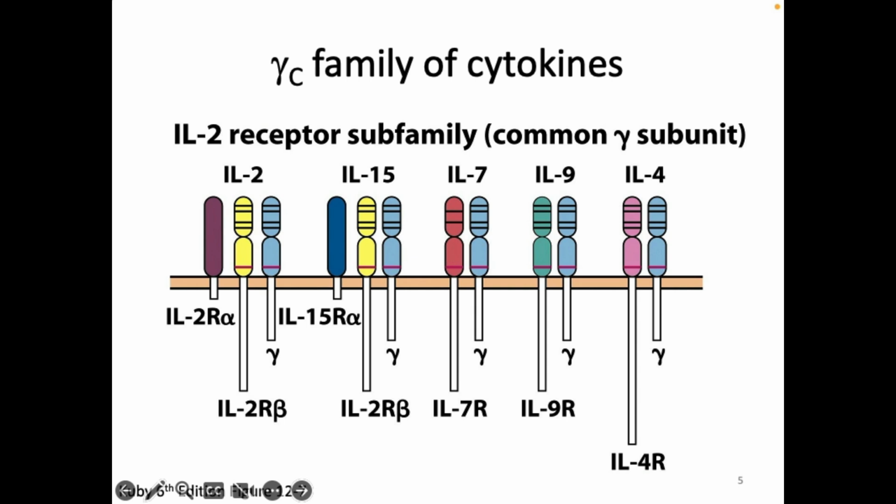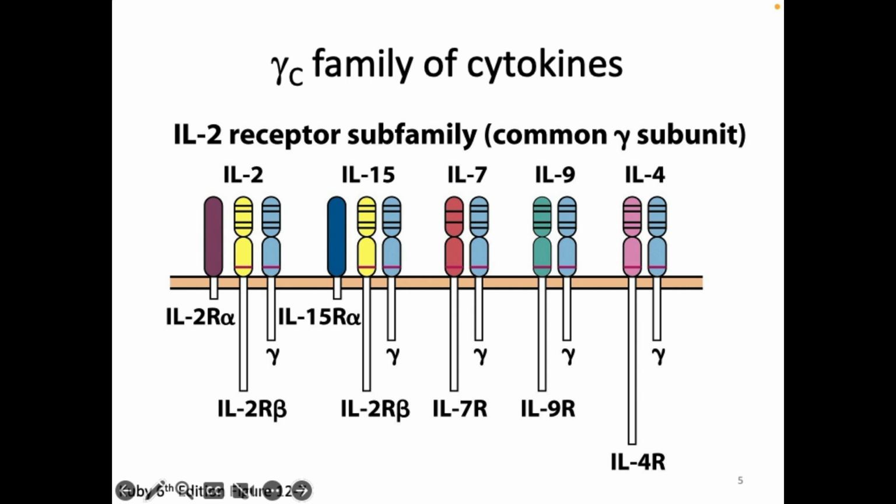All of the cytokines that are shown here are known as cytokines that are part of the common gamma chain family. This also is missing one, which is IL-21, as that's a member of the common gamma chain family. And a lot of these cytokines are particularly important in lymphocyte function.